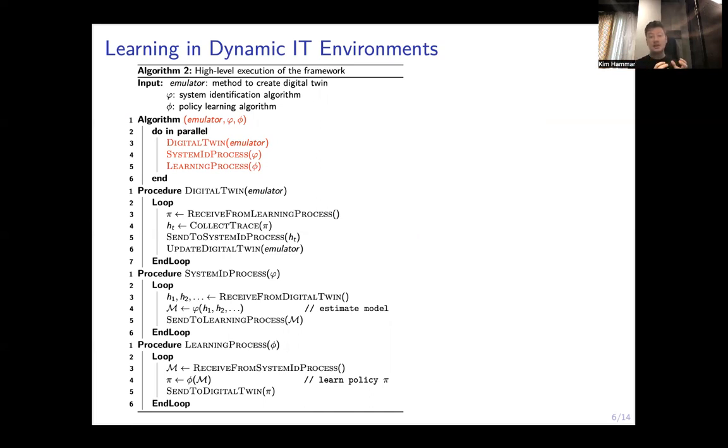Then we have the system identification process, which receives streaming data from the digital twin and should then continuously update the model of the system. And finally, we have the learning process, which takes the latest system model and then should compute the optimal or near optimal defender strategy. And these three processes we then deploy in a distributed system where they are coordinated via a parameter server architecture.